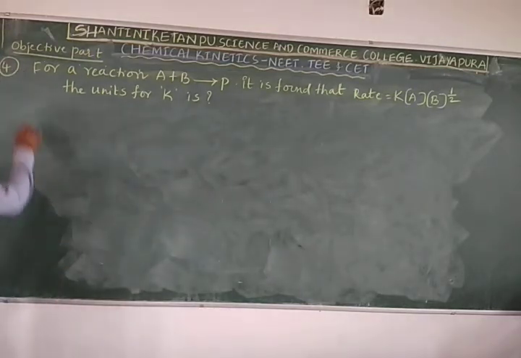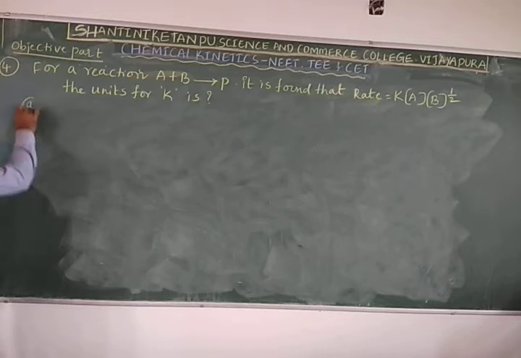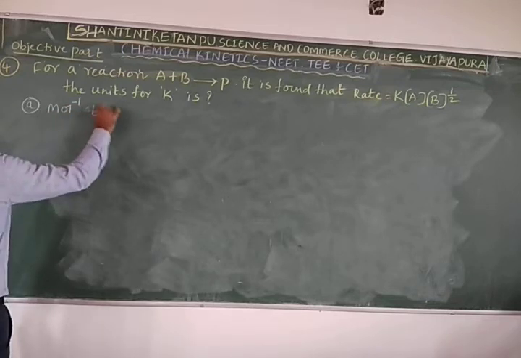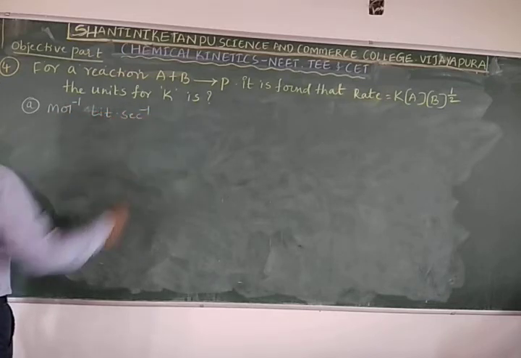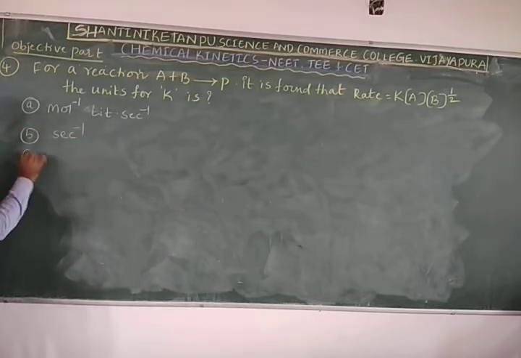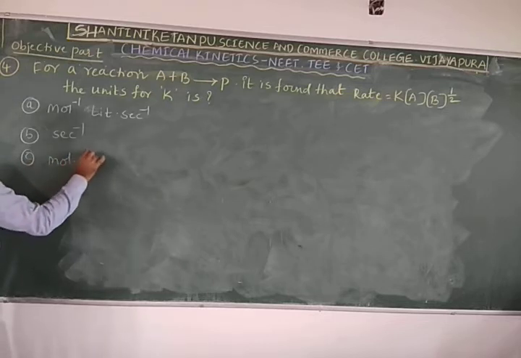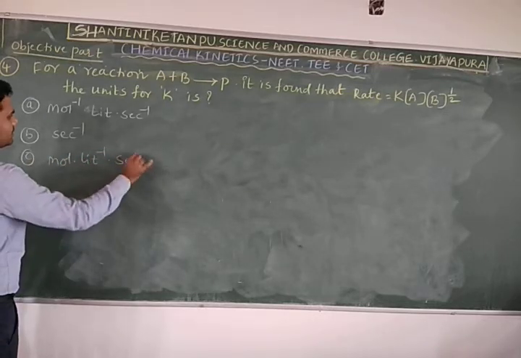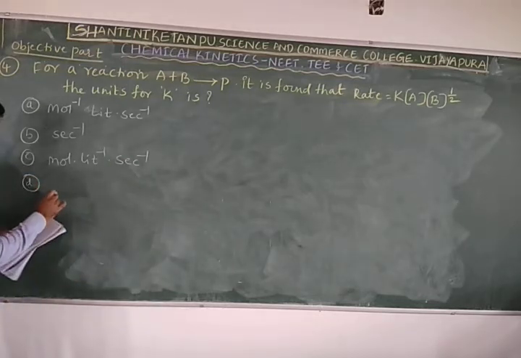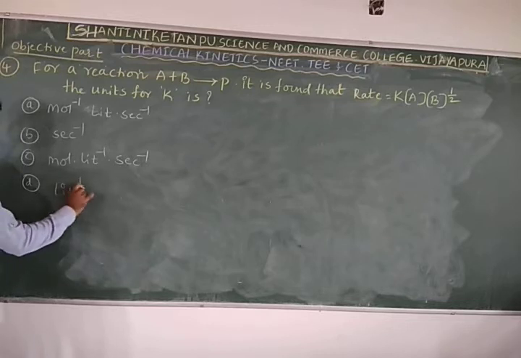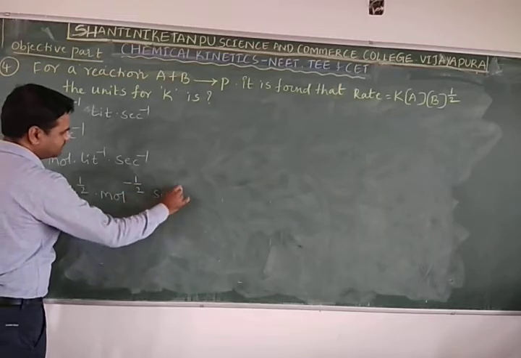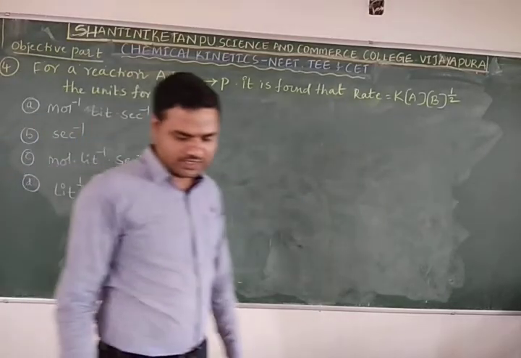The first one is per mole liter per second, the second is only per second, the third one is mole per liter per second, and the fourth one is liter to the power 1 by 2, mole to the power minus 1 by 2, per second. So these are the options given in the question.